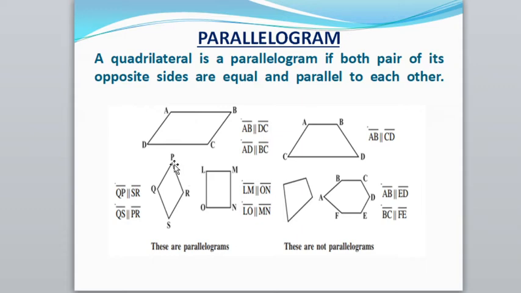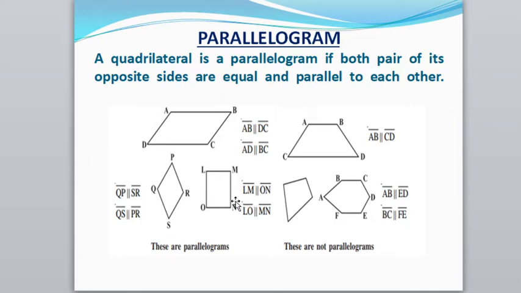Then in the next figure it is given PQRS where QS is parallel to PR and QP is parallel to SR. So here also opposite sides are equal and parallel to each other, that's why it is also a parallelogram.